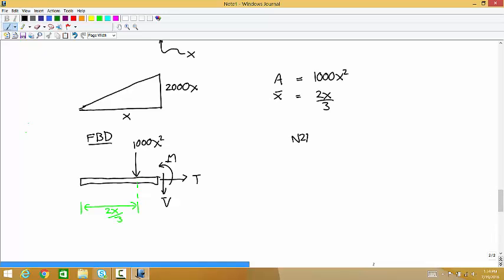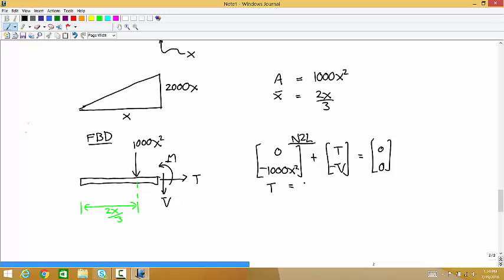So Newton's second law says 0, negative 1,000x squared plus t negative v is equal to zero. So t equals 0, and v equals negative 1,000x squared.